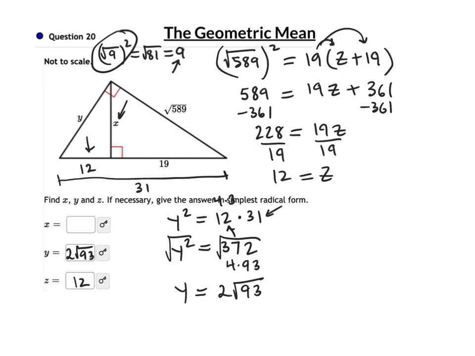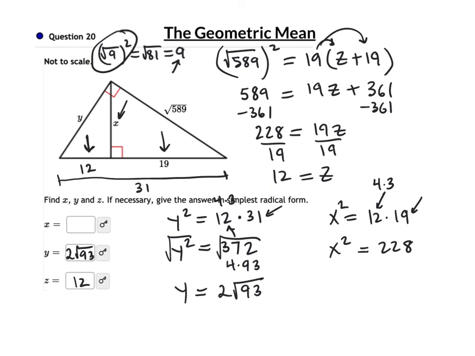All right, this last length here, X, the way it works is X is the height of the big triangle. X squared equals 12 times 19. 12 times 19 is 228. 19 is prime, that's in 228, but 12 is 4 times 3, which means we know 4 divides into 228, and the rest of it, 3 times 19, there's no perfect squares in there. 4 is going to be our biggest perfect square.